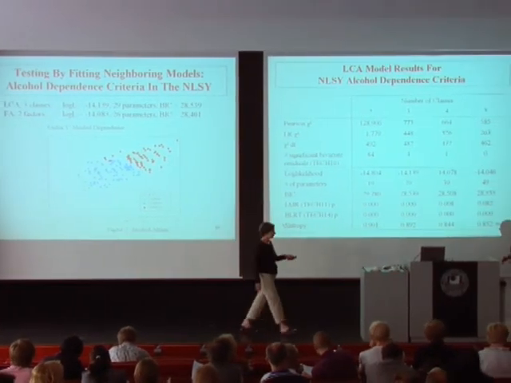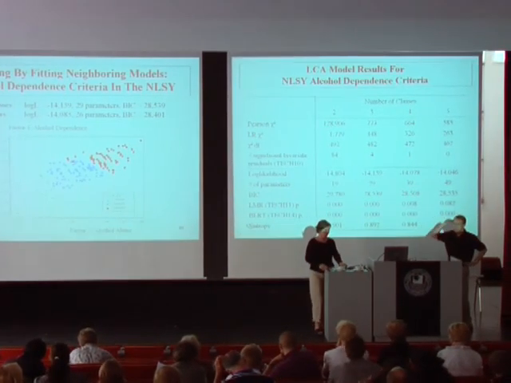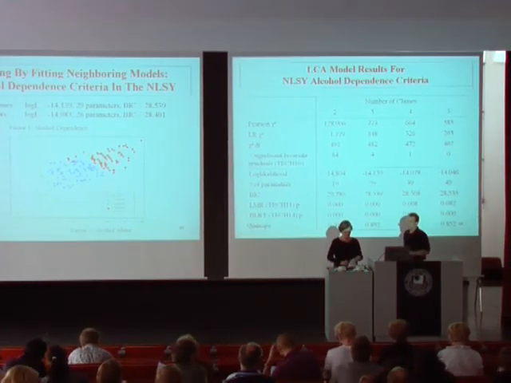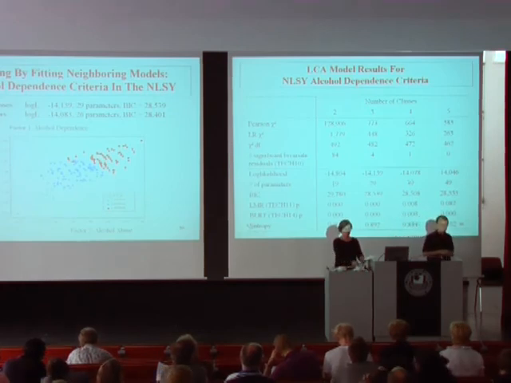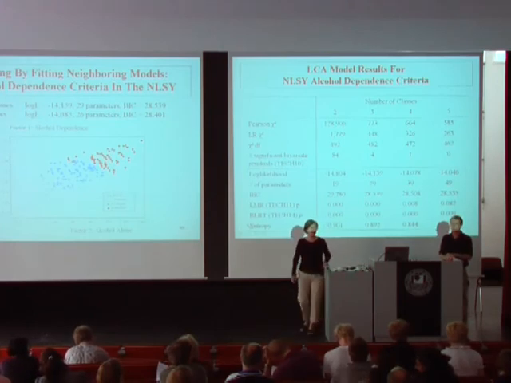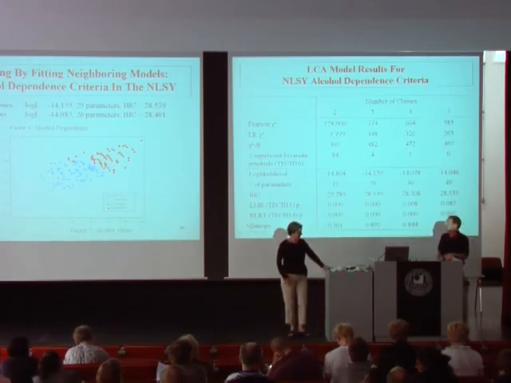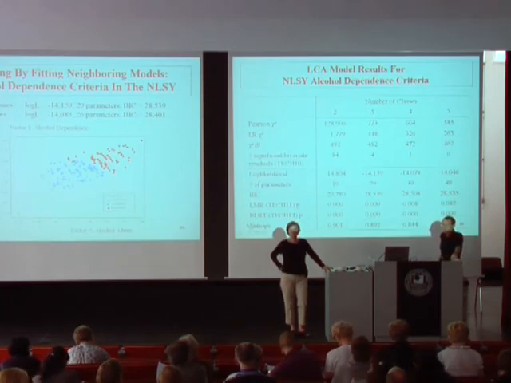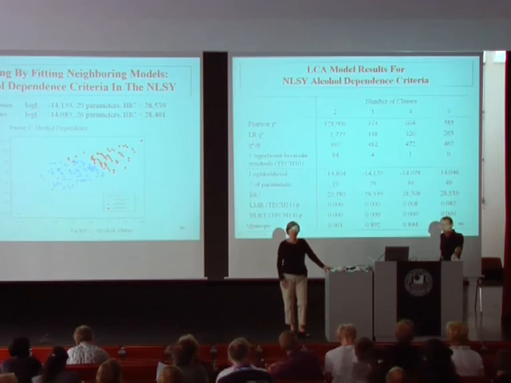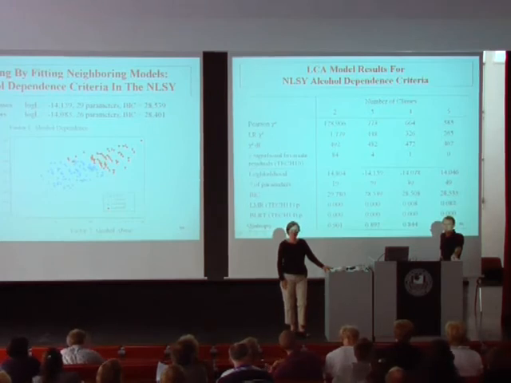Let me just add also that this again corresponds to a big debate in psychiatric circles where they talk about dimensional versus categorical representations of mental health problems, where the categorical representation corresponds to classifying, diagnosing people as having a problem or not, and that is then directly related to the latent class analysis model, whereas the dimensional thinking is that problems are not either or, but a continuum, and that then corresponds to the factor analysis model.